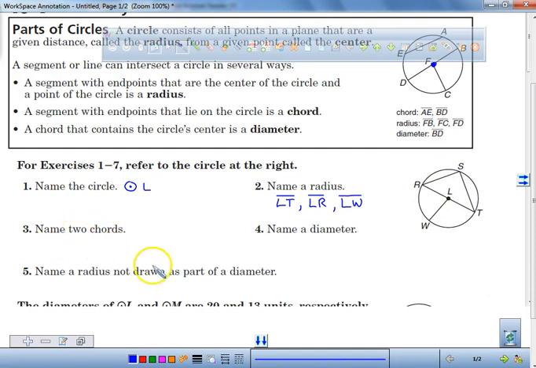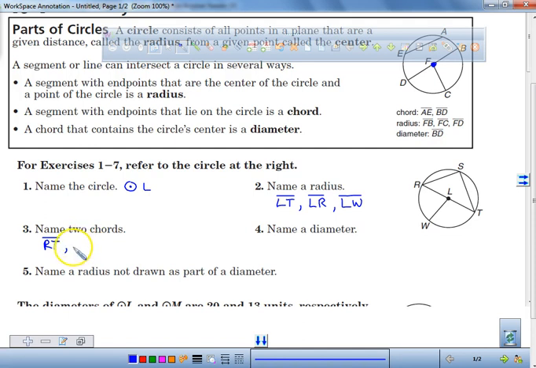Now the next one, it says name how many chords? 2. Now a chord, by the way, you could actually name 3 chords. But go and give me one of them, Mr. Starks. Go give me a chord over here. If you're not sure, that's okay. Go ahead, Jared. R to T. You're right. That technically is a chord. That's a chord that also happens to be the diameter. Go ahead.